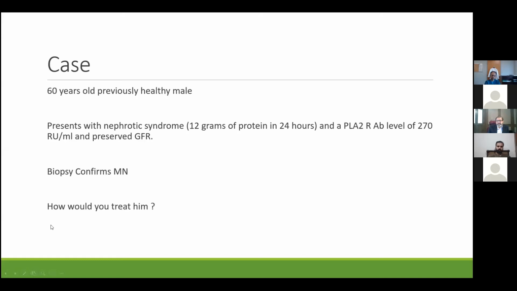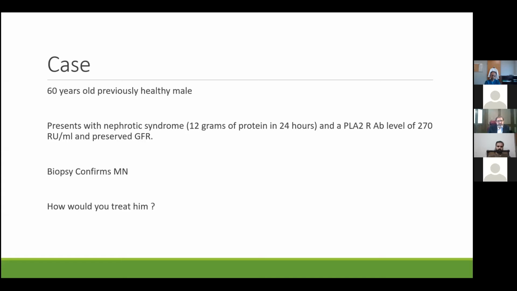So the question was how to treat this patient. I know I had started treating this patient and there were some questions about response. So what we're going to do today is pause here, go to some aspects of membranous nephropathy, then come back to the case and see, in light of this, how would we want to treat?